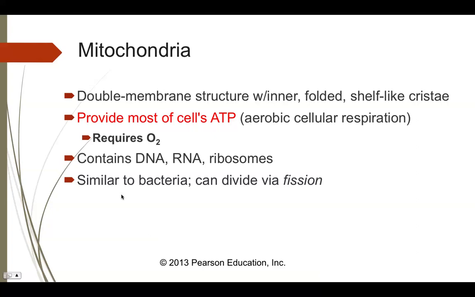Because they mutually benefited from this situation, the mitochondria just stayed inside of cells, and as those cells divided and evolved into other types of multicellular organisms, the mitochondria stayed there, and they provide necessary energy for that cell. Mitochondria also divide via fission, just like bacteria.